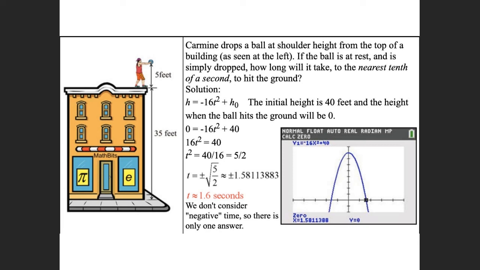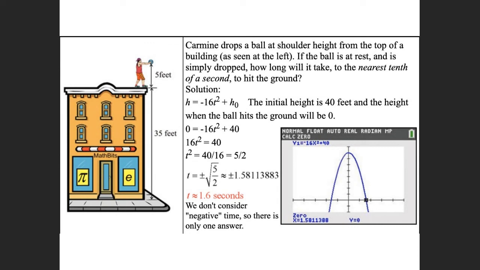In this problem, it says, Carmen drops a ball at shoulder height from the top of a building as seen at the left. If the ball is at rest and is simply dropped, how long will it take, to the nearest tenth of a second, to hit the ground? All right. So the initial height is 40.